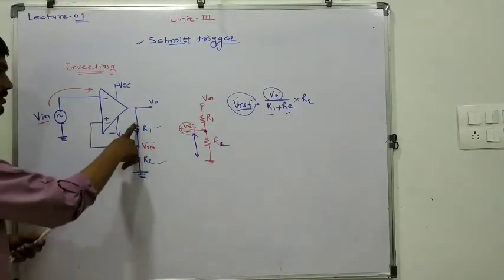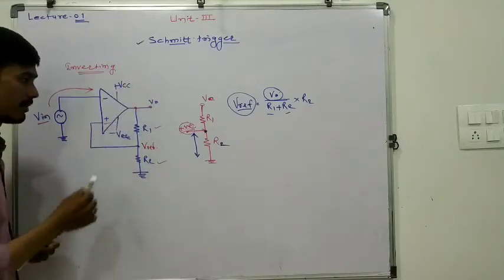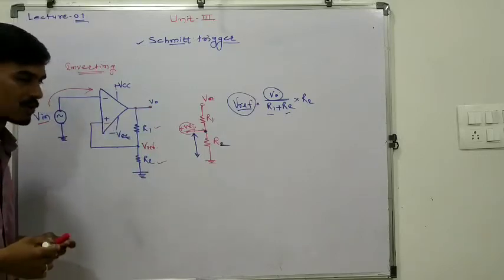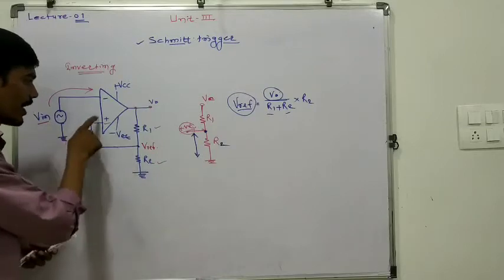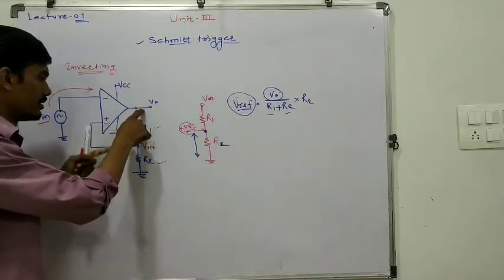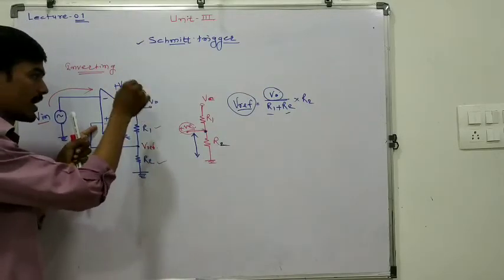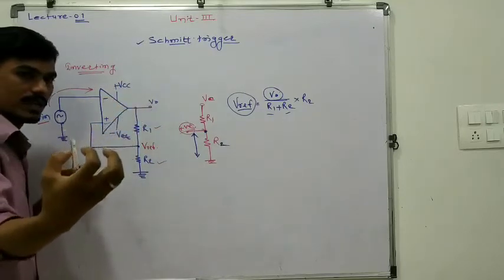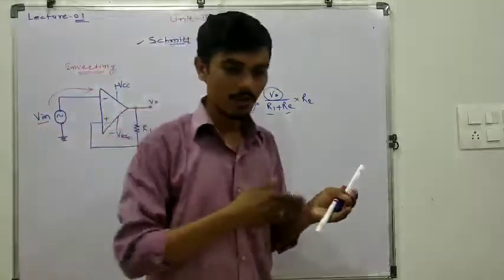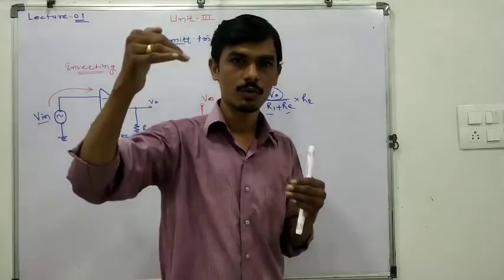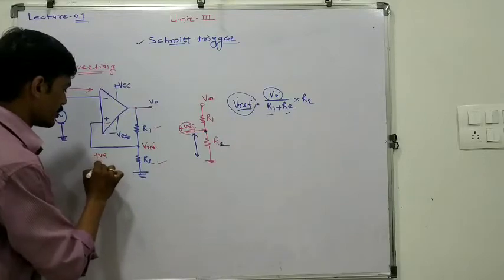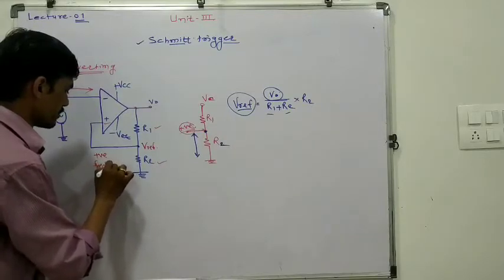So this is all about this voltage divider network. Second thing, we are connecting this V reference to the positive terminal of the operational amplifier, so we are providing positive feedback. It ensures this because there is no phase shift between the non-inverting terminal and the output. Whatever output we get, we take some part of it and feed it back to the positive terminal. That's why it is positive feedback.